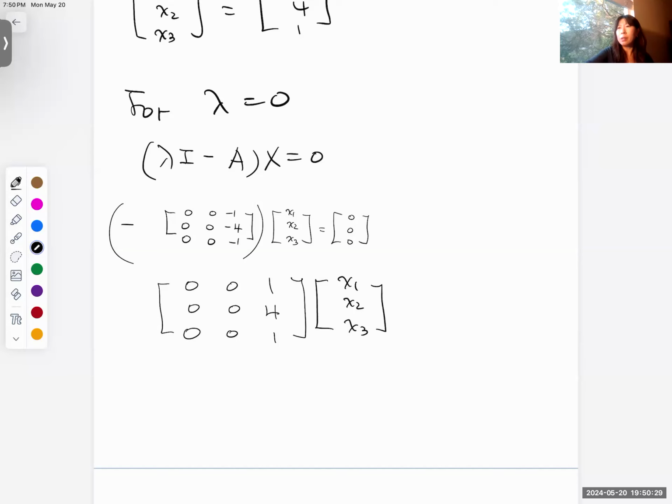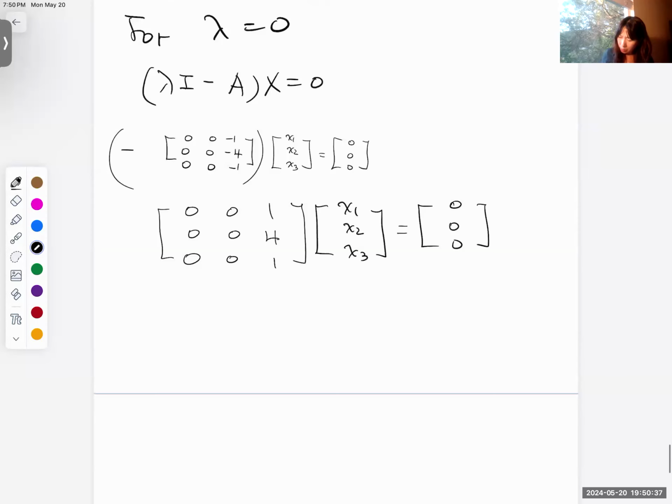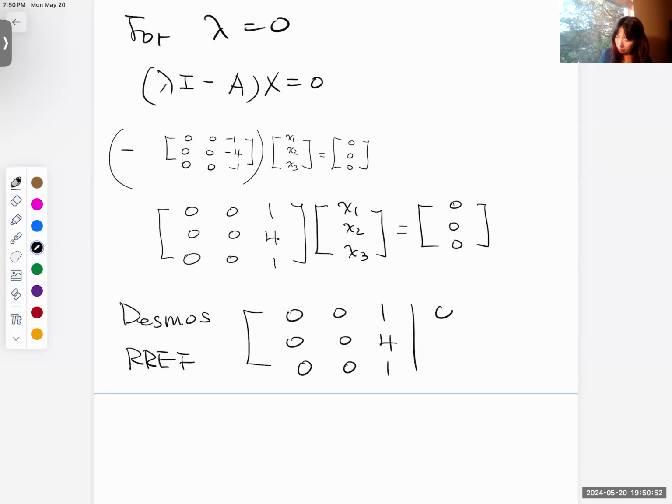And we have 0, 0, 0, right? That's the row echelon form. So we have 0, 0, 1, 0, 0, 4, 0, 0, 1, 0, 0, 0.